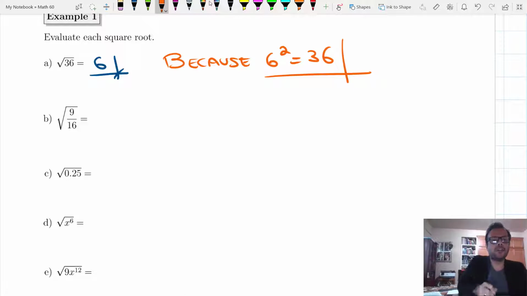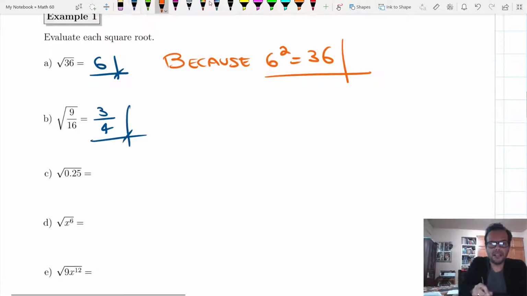Letter B, the square root of 9 over 16. Okay, so in this case, take the square root of both the numerator, which I'm highlighting, and the denominator as well, right? We need to take the square root of both numbers. So the square root of 9 is 3 and the square root of 16 is 4. Final answer, 3/4.